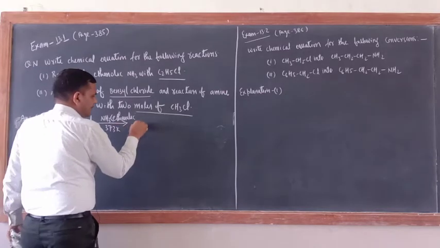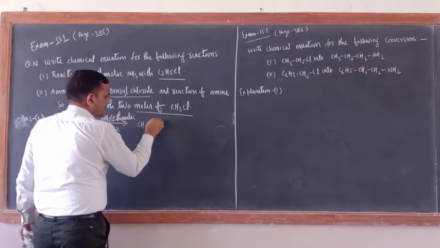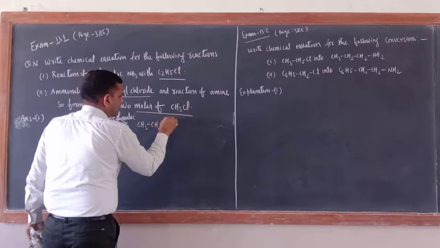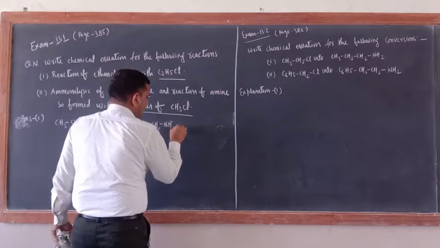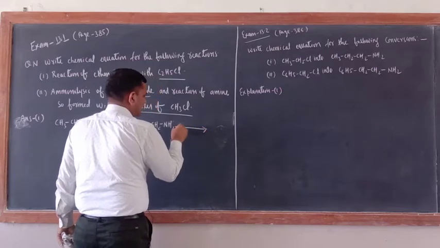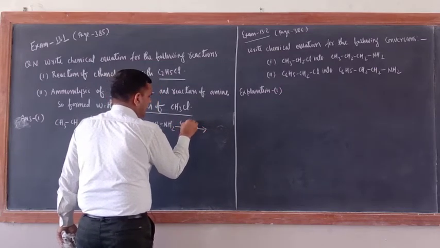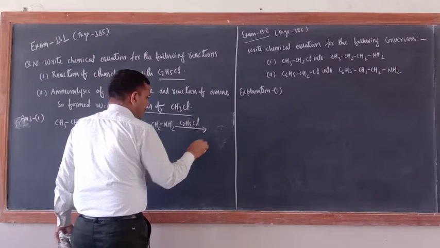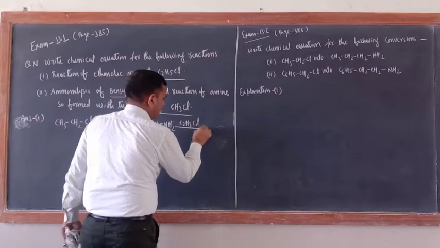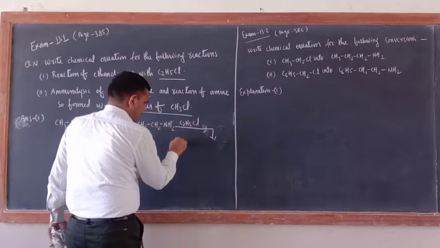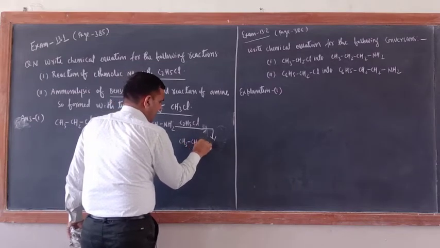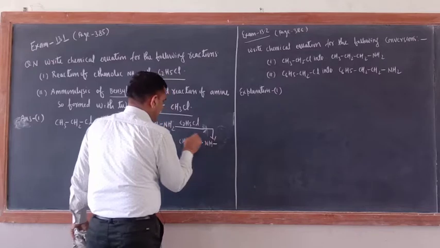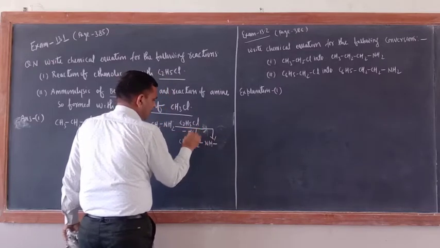Here the product would be CH3CH2NH2. Now, keep on the reaction with C2H5Cl. Then the product would be CH3CH2NH, and here Cl minus.